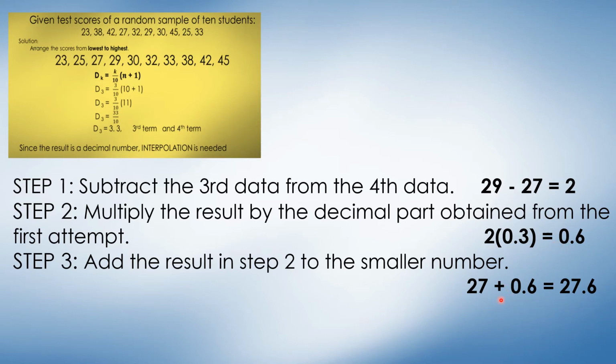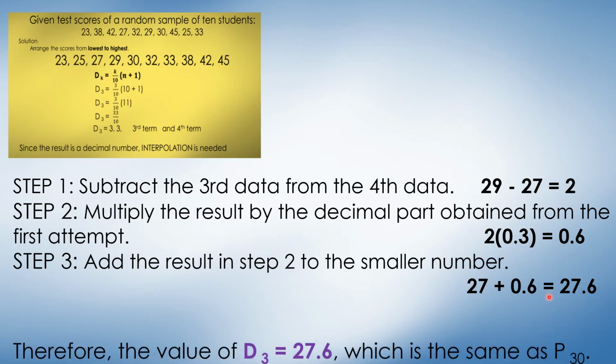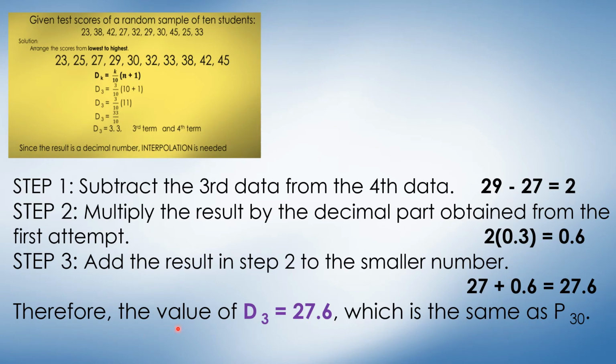So 27 plus 0.6 is equal to 27.6. Therefore, the value of the third decile is equal to 27.6, which is the same as the 30th percentile.